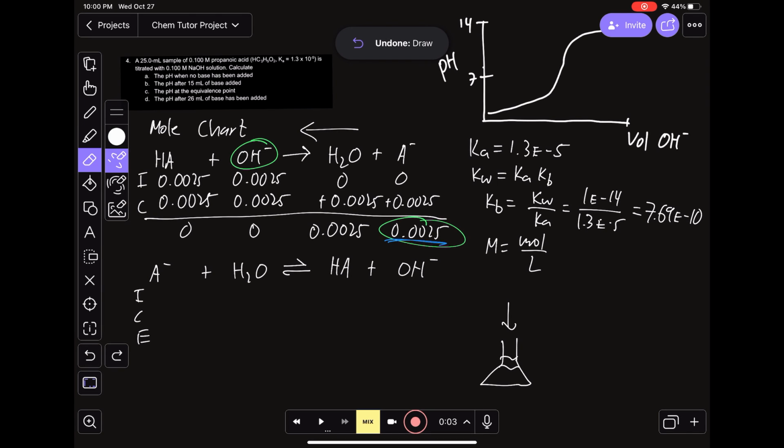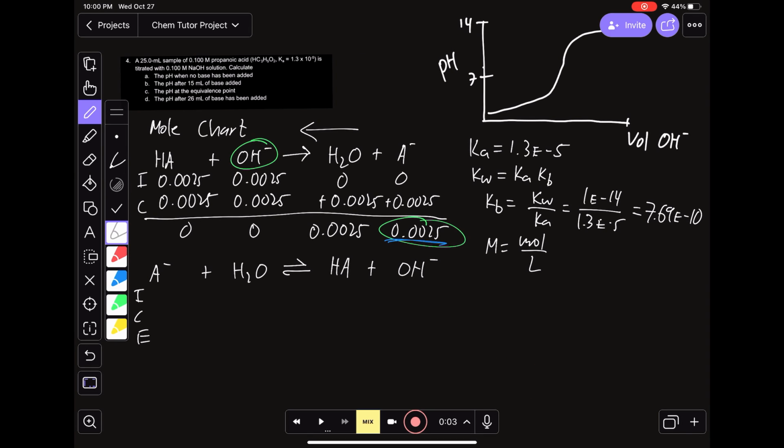So what we need to do is first calculate the volume of base added, and then add it to our initial volume to get our total volume. We can then use our total volume to calculate the molarity of the conjugate.